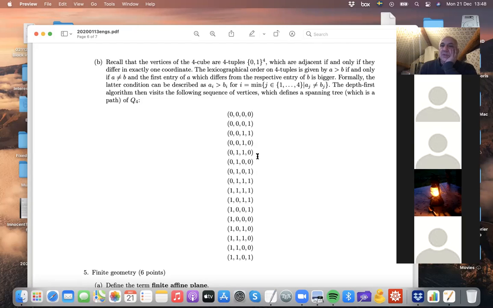So these two guys are neighbors, these two guys are neighbors, but not this and this, because as soon as there are two or more positions in this record which are different, these vertices are no longer neighbors in the graph.